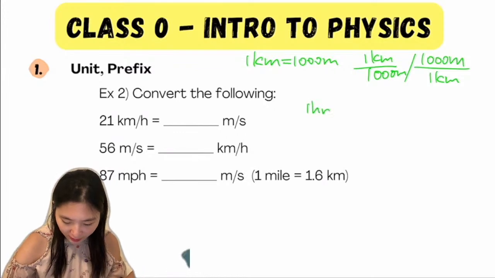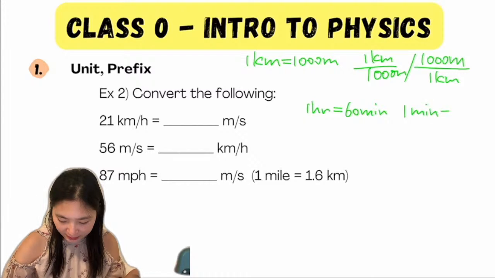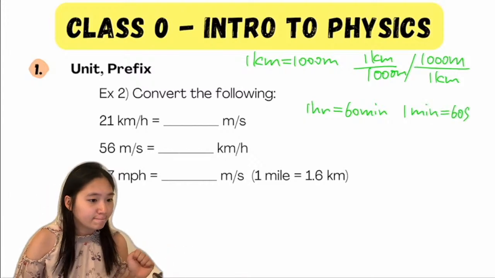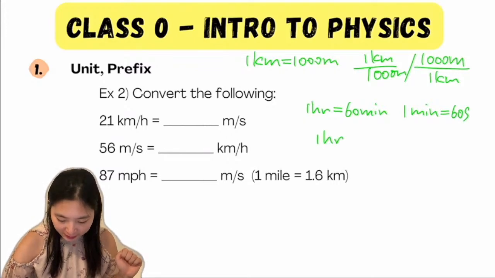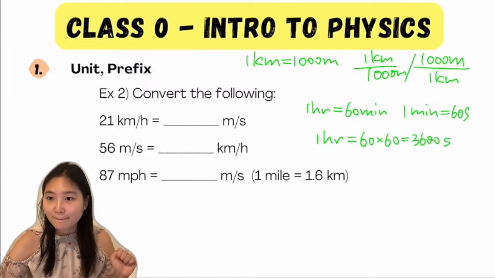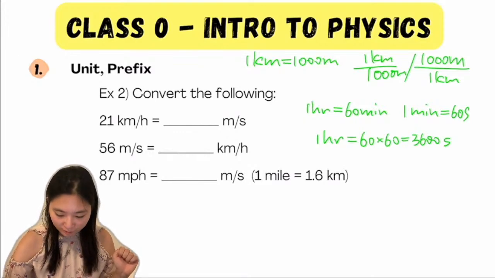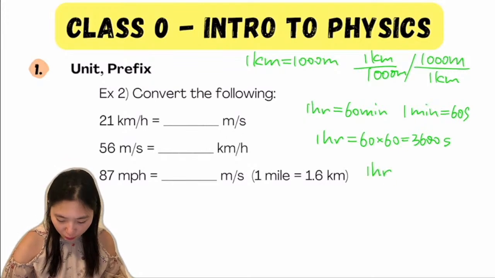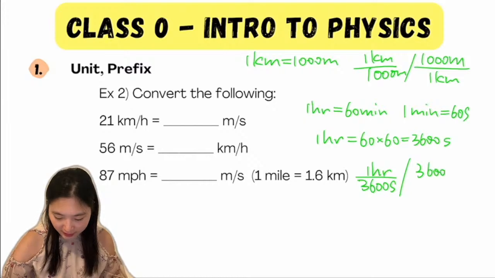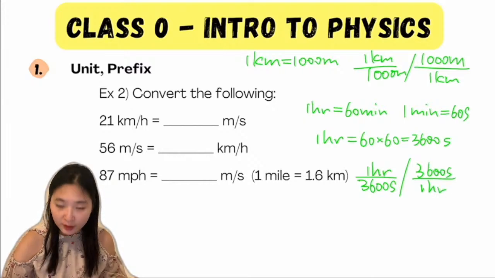Well, 1 hour is equal to 60 minutes, and 1 minute is equal to 60 seconds. Then 1 hour is equal to 60 times 60, which is 3,600 seconds. So the conversion between hours and seconds must be 1 hour over 3,600 seconds or 3,600 seconds over 1 hour.